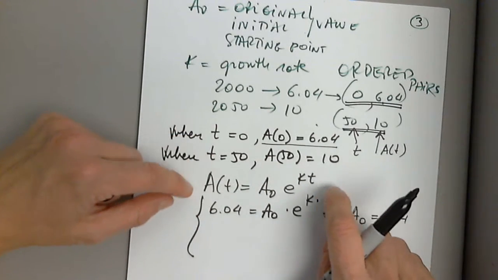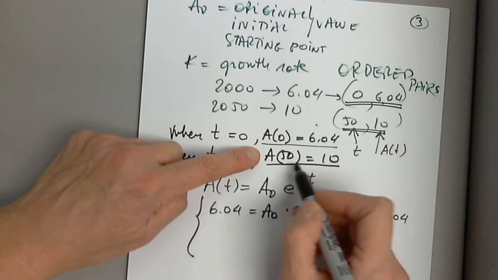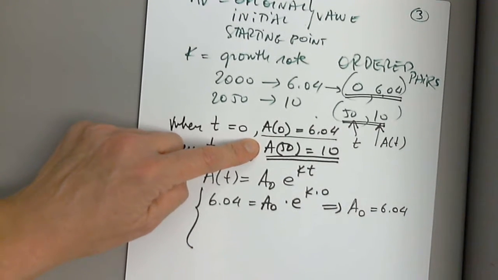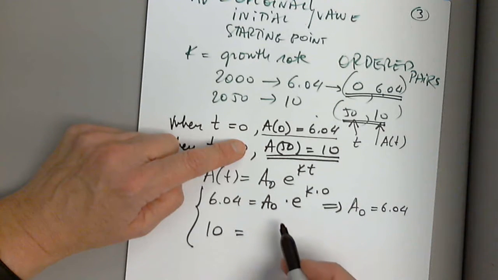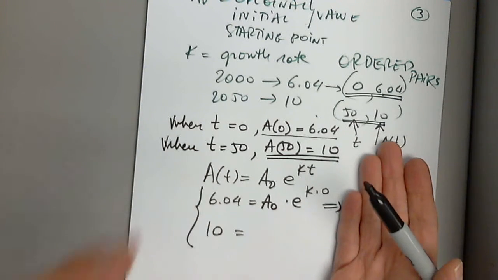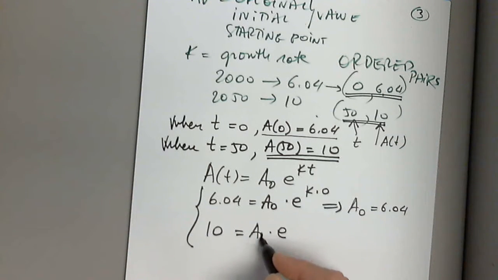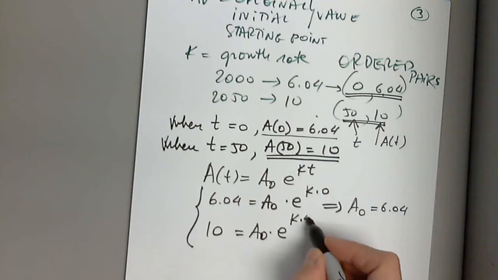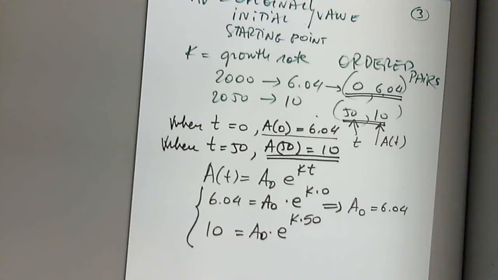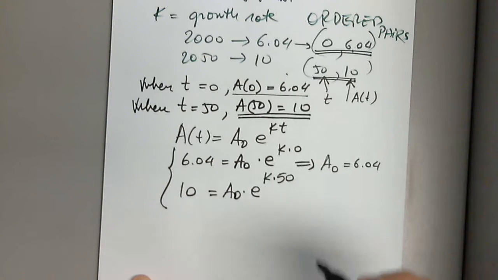I would like us to repeat the steps, but this time for this. Please tell me what to write. Yes, equals. Still keep it at A0 because I'll write it again. E raised to K multiplied by, that's it. That's all I wanted. Is this okay?